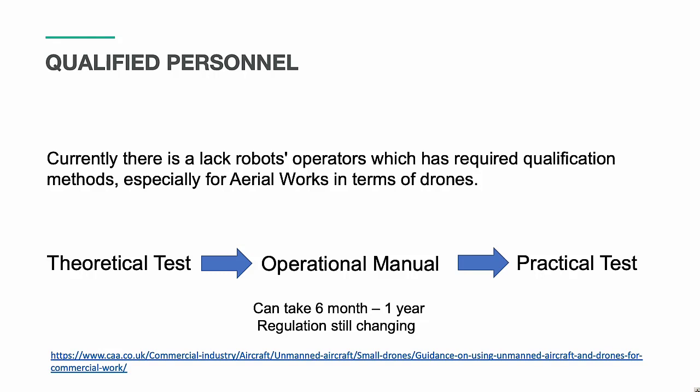If we have a person who is going to operate the drone, then we need a qualification. That person may have to pass a theoretical test, develop an operational manual, and do some practice, 6 months to 1 year, according to the UK regulations. In other countries it's a little less restrictive, or they may not have any regulation in order to operate drones.